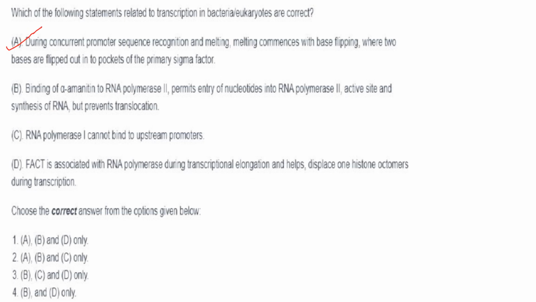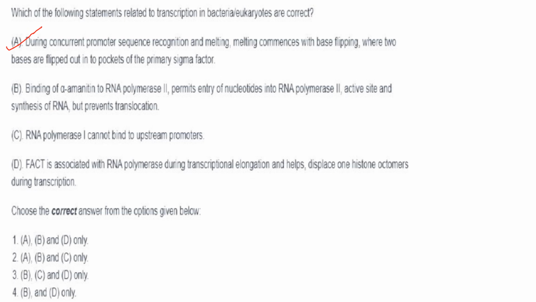So what is this melting? Melting is nothing but the separation of the two strands of DNA, resulting in the formation of single strands, and this results in creation of a transcription bubble which allows the RNA polymerase to access the DNA template and start synthesizing mRNA. That is what is melting.